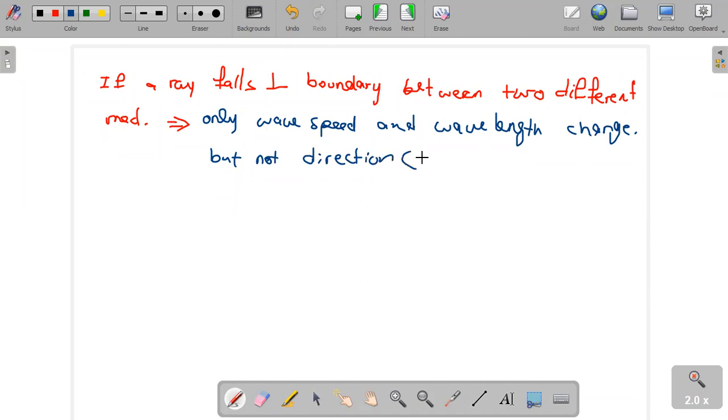But not direction means that no bending happens. That is, I equals R equals 0. Okay? Now let's see another special case, special case 2.